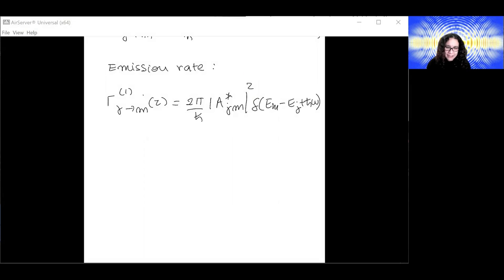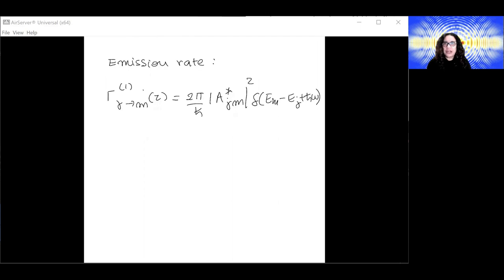And one thing that we have considered here, and to which this rate that we have derived in perturbation theory refers to, is that this is a process in which one photon is involved, but this is also called stimulated emission, because this is the emission of a photon in the presence of an electromagnetic field.